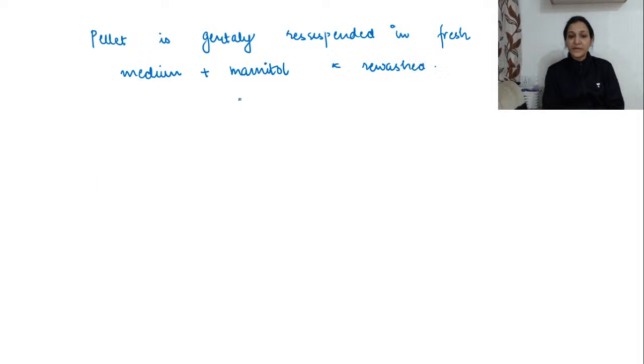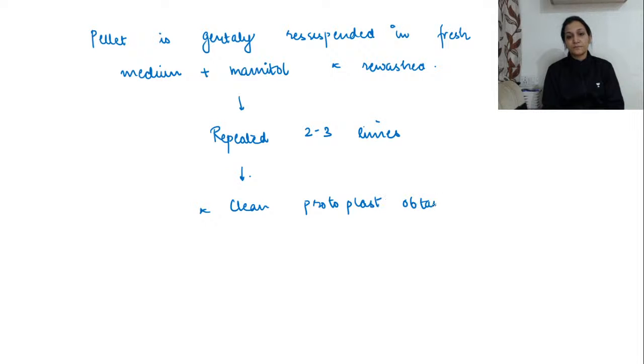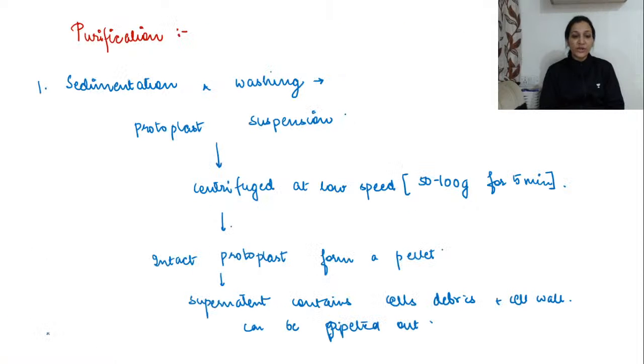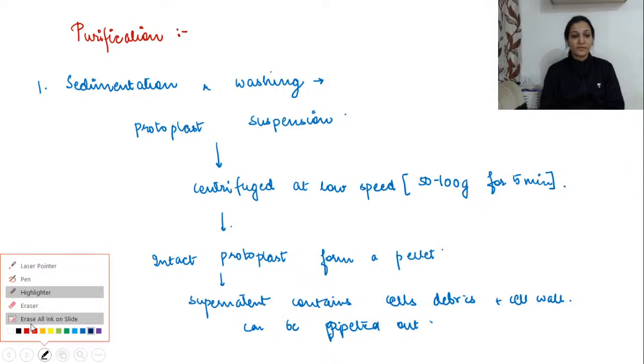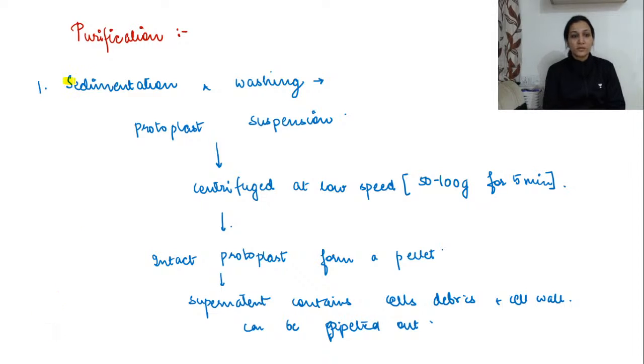This process is repeated 2 to 3 times to get a clean protoplast preparation, and clean protoplast is obtained. So this was the first method, that is sedimentation and washing. We should highlight it.